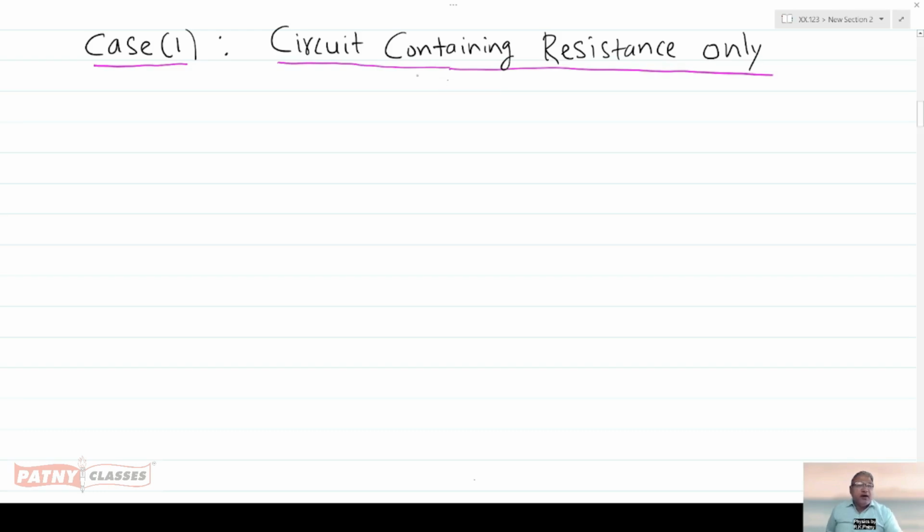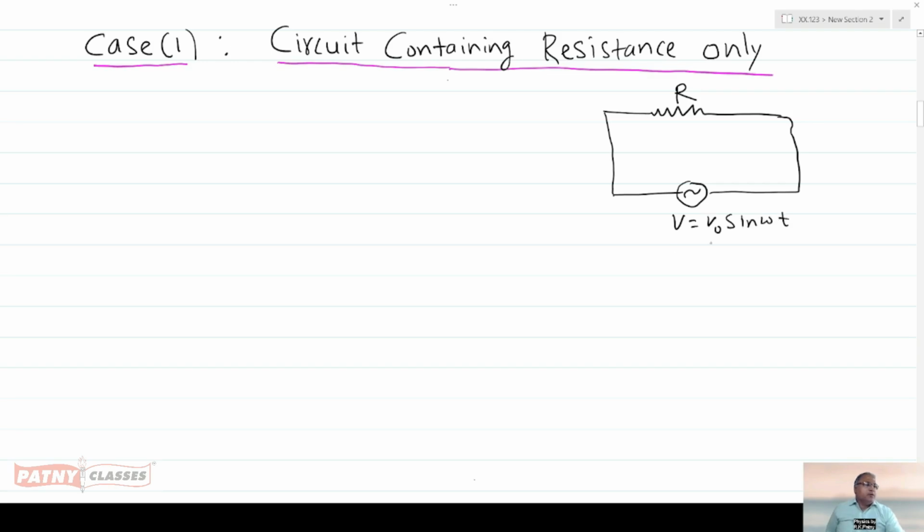In the first case, I am going to talk about a circuit containing resistance only. So this is the resistor connected across AC supply. Let us call it R. And the value of the voltage is V equals V naught sin omega t.